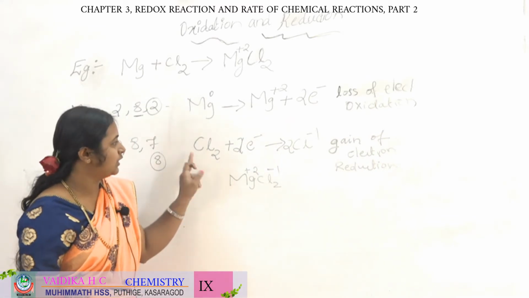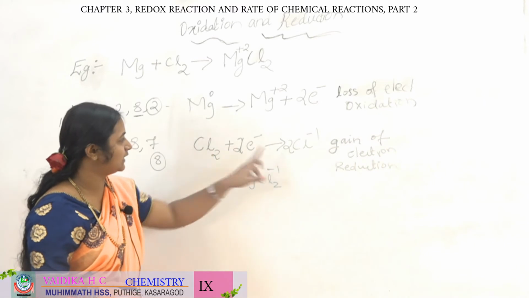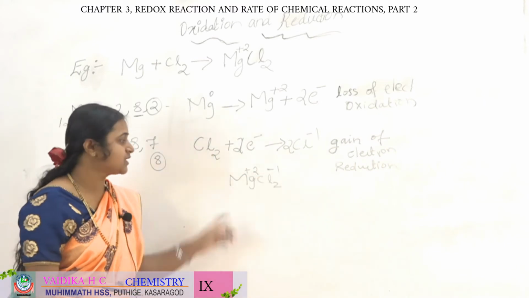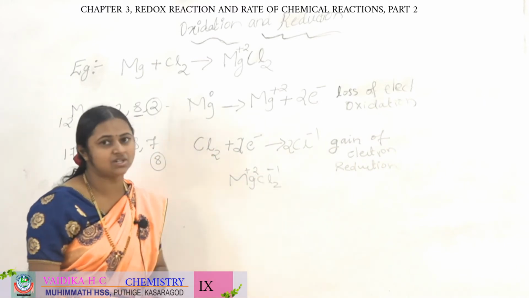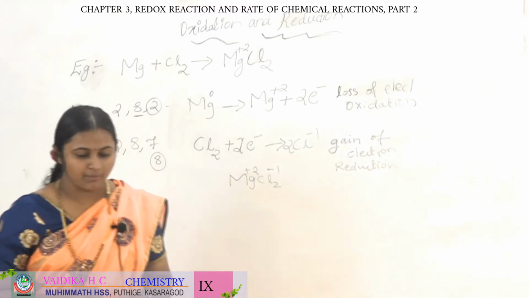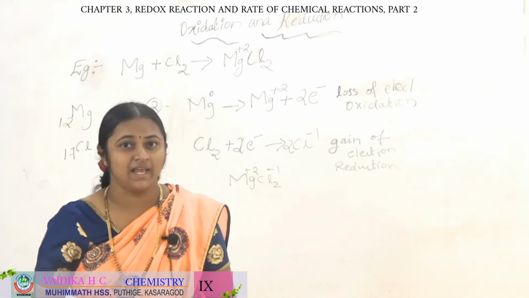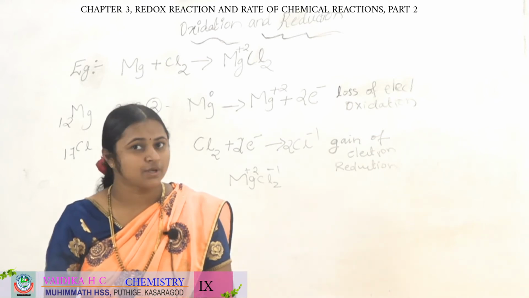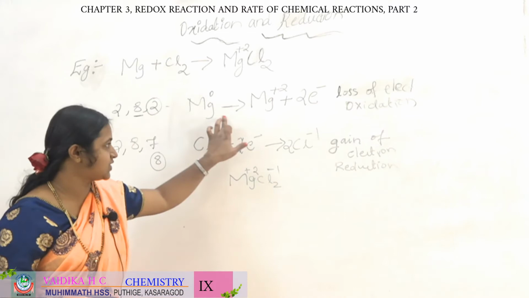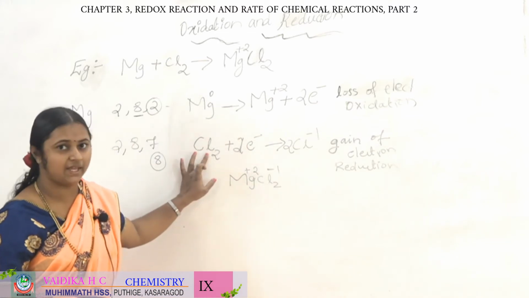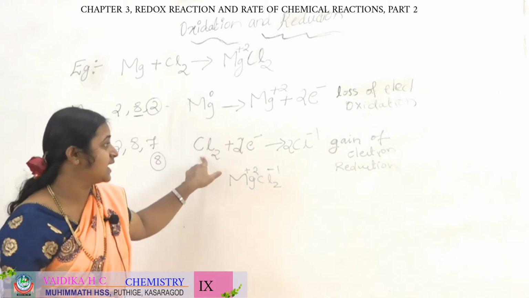So here 2 electrons are gained by the 2 chlorine atoms, so we will get magnesium chloride as a compound. Here magnesium loses the electrons, so this process is called oxidation. Here chlorine gains the electrons, so this process is called reduction.